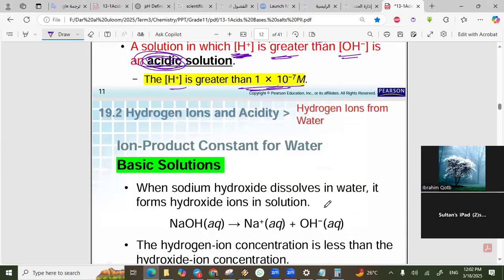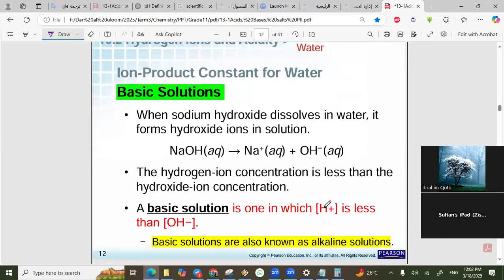When I add base, the base has OH ion. This base dissociates in water and gives us hydroxide ion. The hydroxide ion increases the OH. So when OH increases, H decreases according to Le Chatelier.